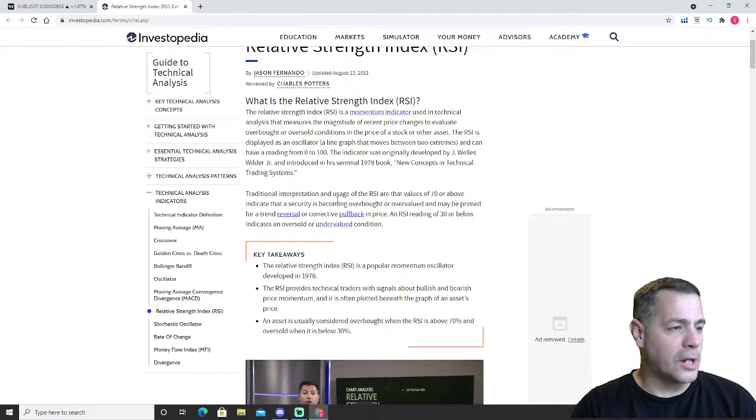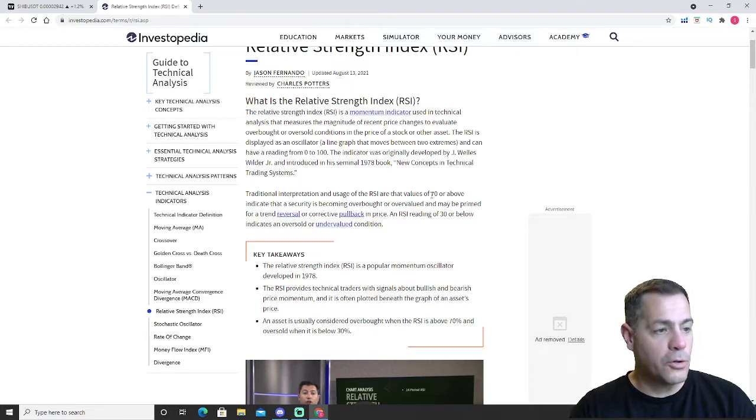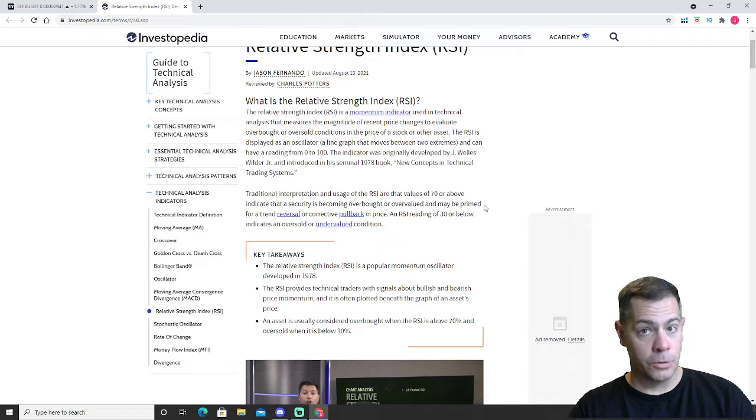Traditional interpretations and usage of RSI are that values of 70% or above indicate that a security is becoming overbought or overvalued and may be primed for a trend reversal or correction, a pullback in price.